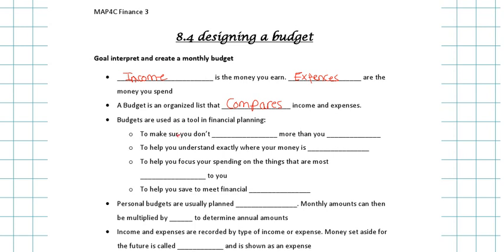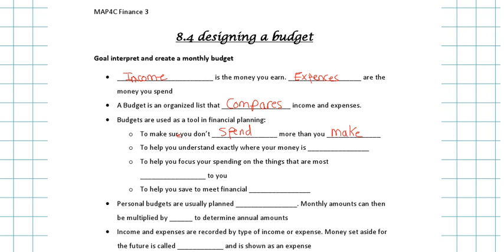So the reason we use budgets is to make sure that we're not basically in debt, right? So we make sure that whatever we spend is not more than whatever we make. As well as to help you know where exactly your money is going, right?